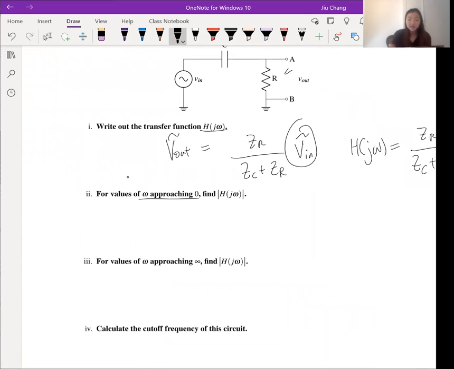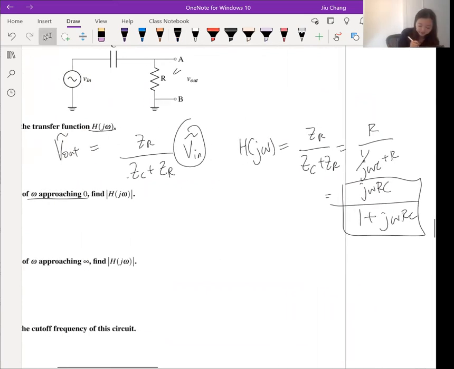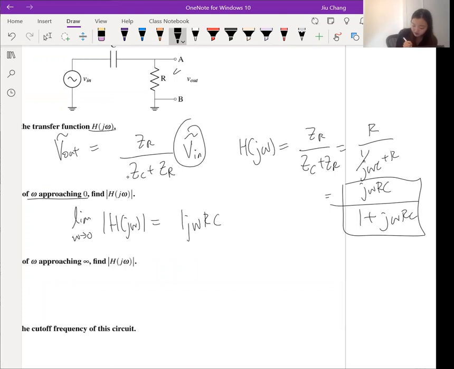Now, when omega approaches 0, our magnitude of the transfer function is just the magnitude of j omega RC over 1 plus j omega RC.